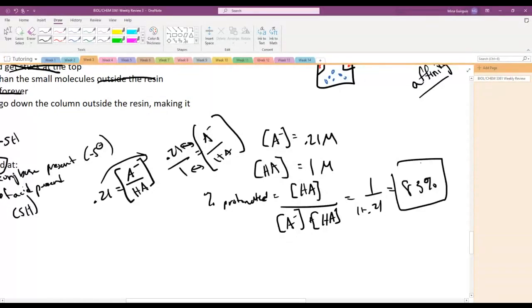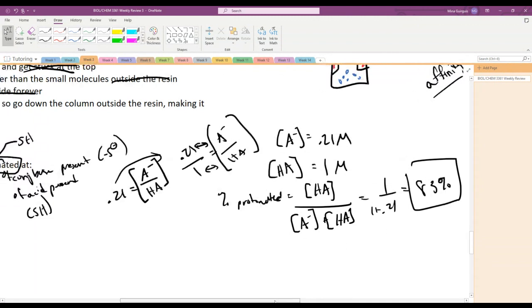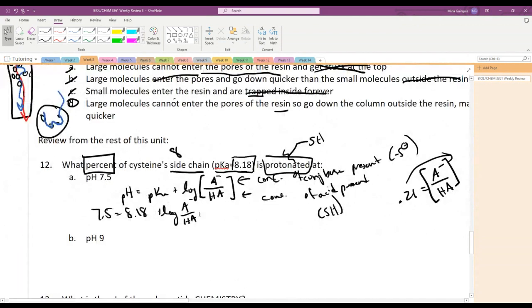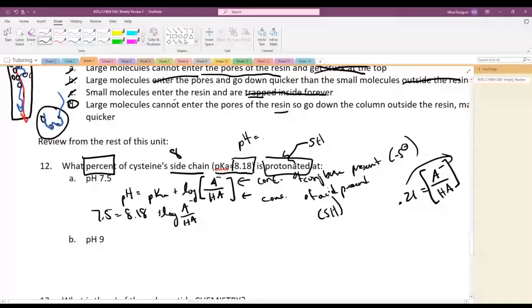Now, what I always like to suggest to people is ask yourself, does this make sense before you move on? The reason that I do that is because we have a great way to check our work. It's not comprehensive by any means, but it's a good way to make sure you're on the right side of what you're doing. So when your pH equals pKa, 50% is protonated and 50% is deprotonated.